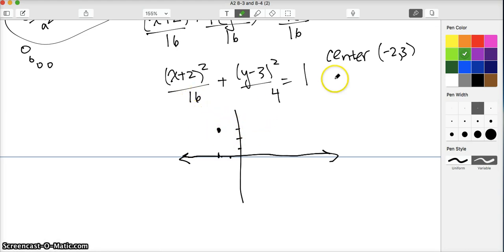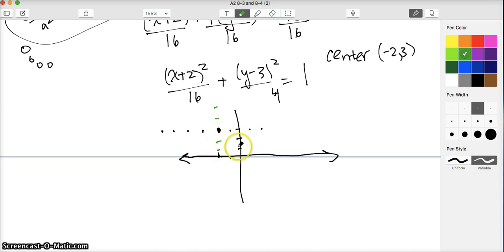So we're going to go 4 spaces to the right and 4 spaces to the left. So 1, 2, 3, 4. And then 1, 2, 3, 4. And then our minor axis will have me going 2 spaces up and 2 spaces down. So I'm going to go up 1, 2, and go down 1, 2.